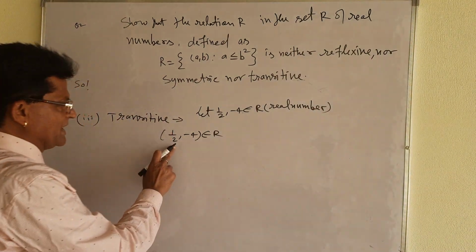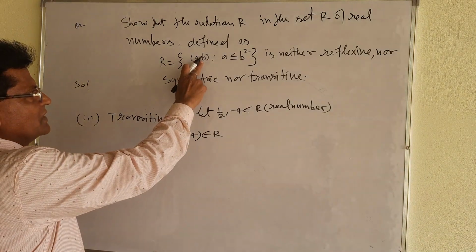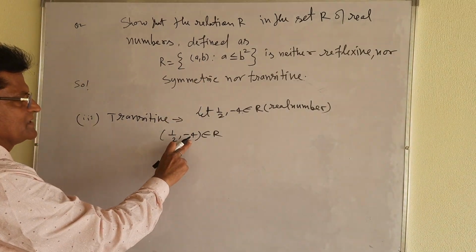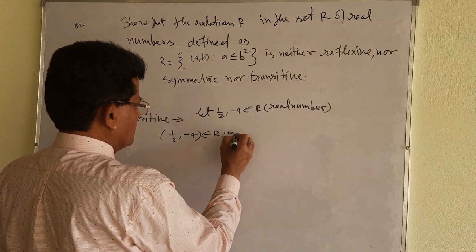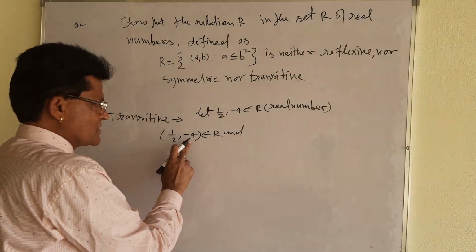Then you see 1 by 2. As per this, B is minus 4. Minus 4 square means 16. Yes, it is correct. And next, one more element you take, which starts from 1 by 4.